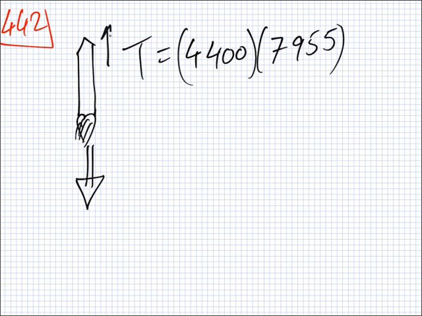So this is the upward thrust on the rocket. Is that the first question? Yeah. The question is if the rocket has an initial mass of 2.0 times 10 to the 6 kg.